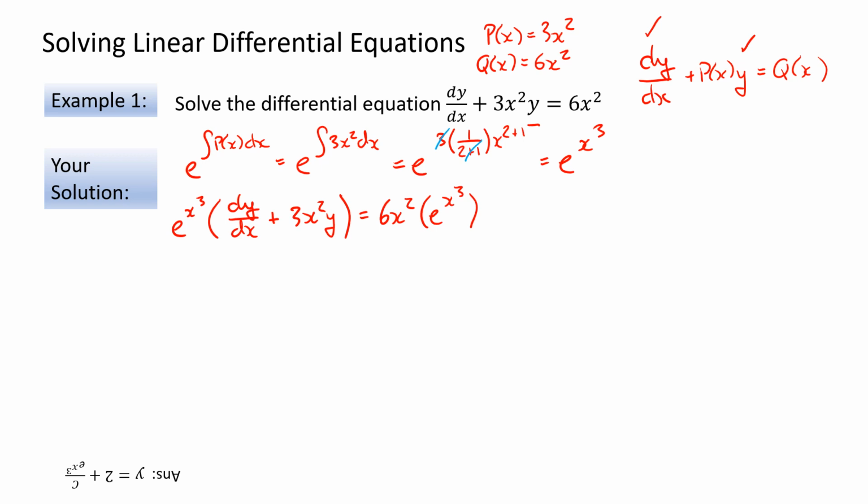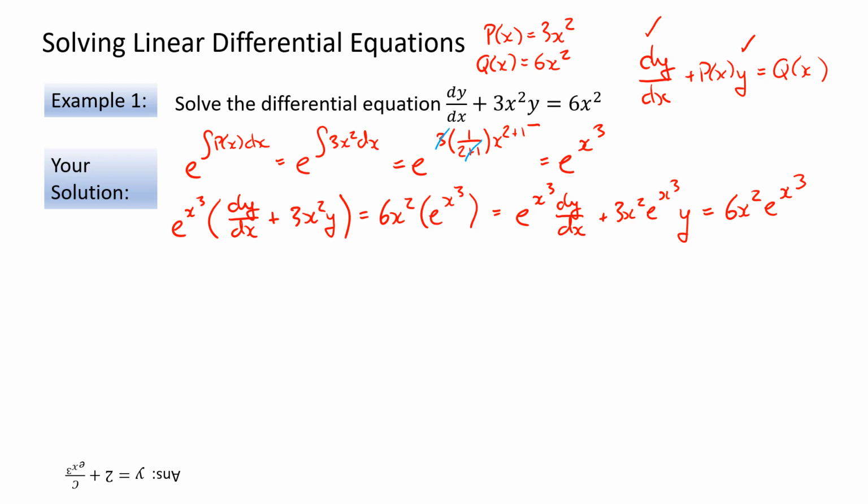If we multiply this in, we get e to the x cubed dy by dx plus 3x squared e to the x cubed times y, which is equal to 6x squared e to the x cubed. Now remember what I said, on the left-hand side, it will always be the product rule.